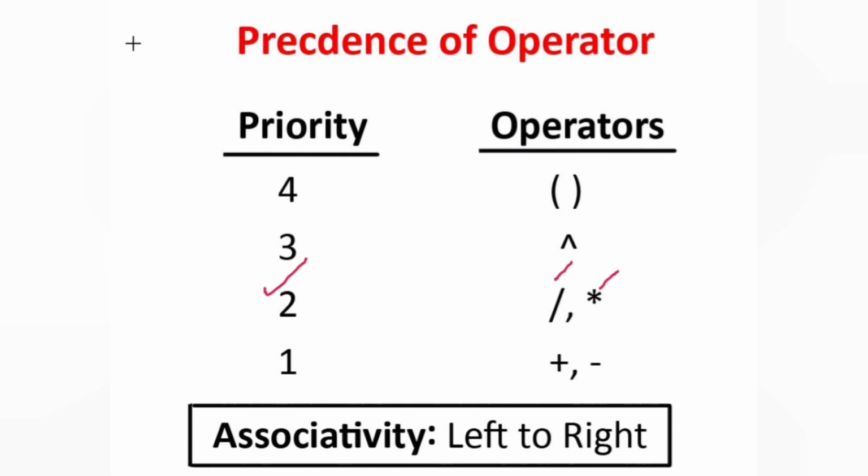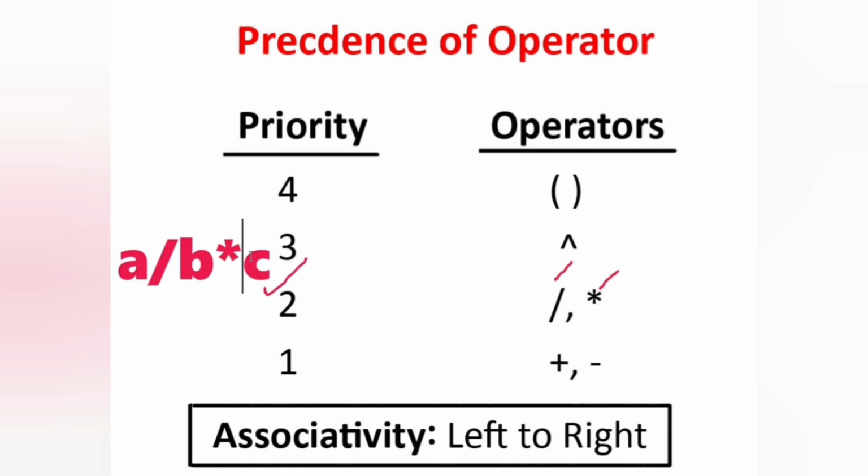Suppose, just as an example, A divided by B multiplied by C. In this case, there are two operators, the slash and the multiplier. Which one will execute first? Which operator will perform first?